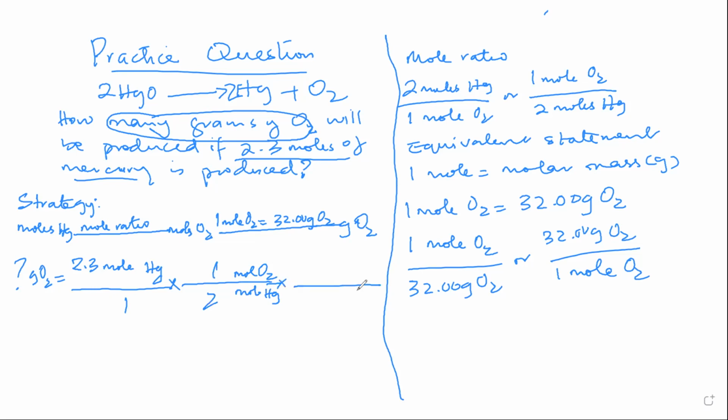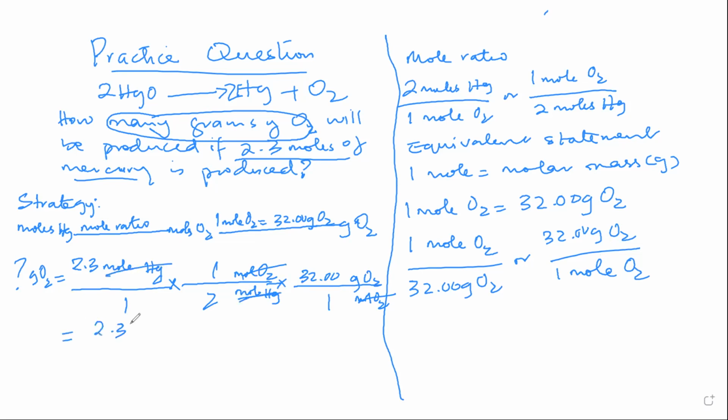Then we have moles of oxygen here, grams of oxygen here, 32.00 grams, then 1 mole. We cross this out. We cross this out.